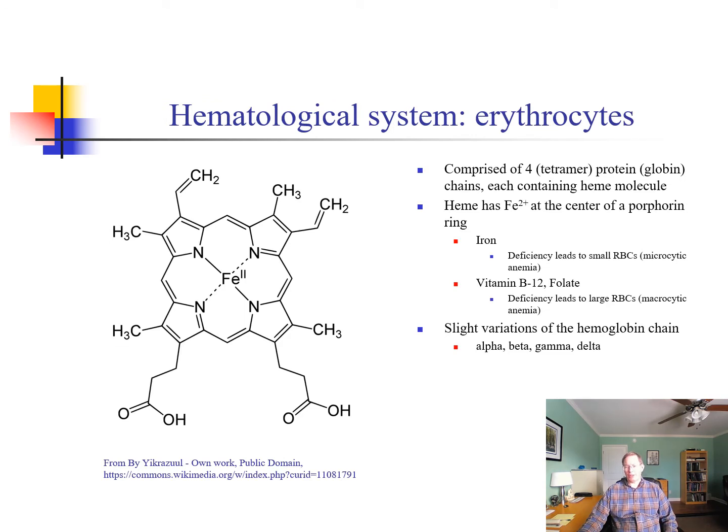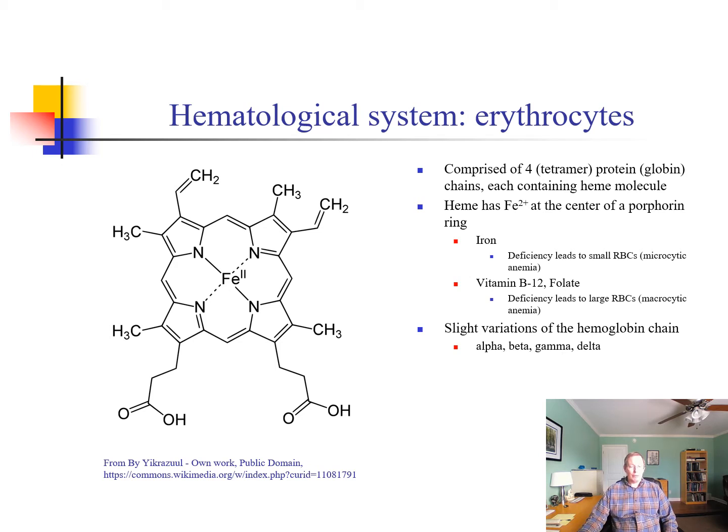So let's talk about erythrocytes. The red blood cell is composed of 4 proteins, or globin chains. And each of these chains contains a porphyrin heme molecule, which is shown here. At the center of this porphyrin is an iron 2, and that iron is the moiety that binds to molecular oxygen and allows for it to be carried to the cells.